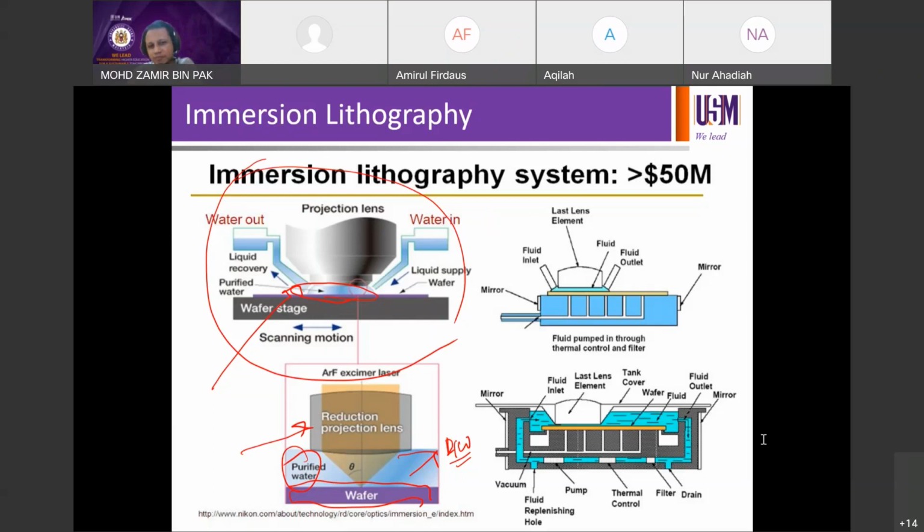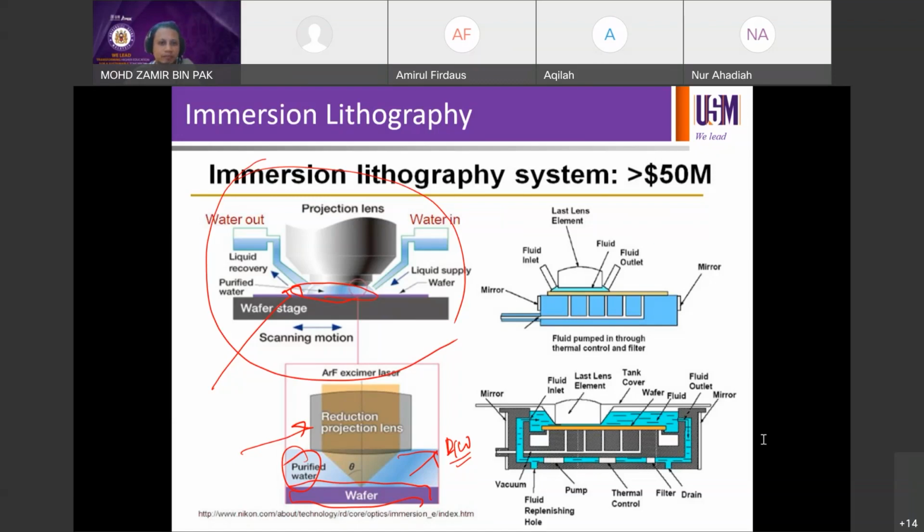Okay, it's going to be interesting. Yes, it is a medium, but why? What is the technical feature of DI water that makes it suitable to be incorporated into an immersion lithography system?